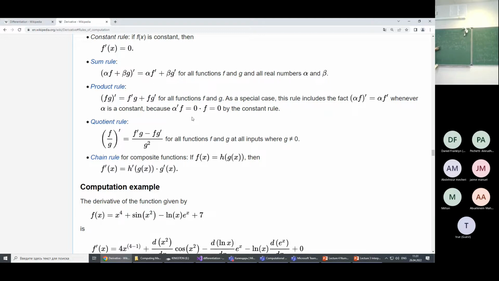The second. Let's consider the second square bracket. X1 minus x0 is h, x1 minus x2 is minus h. This is 0, and all of these terms are cancelled.